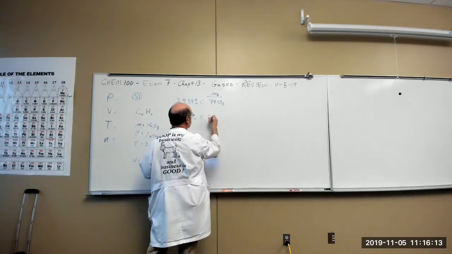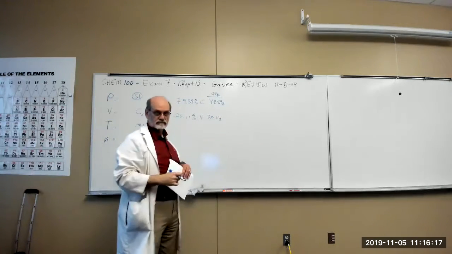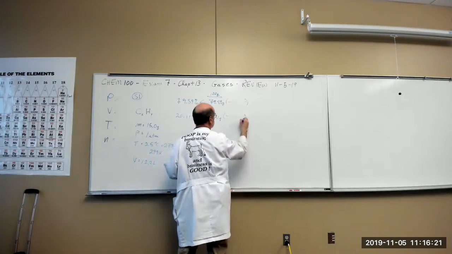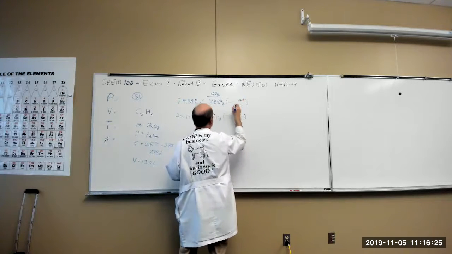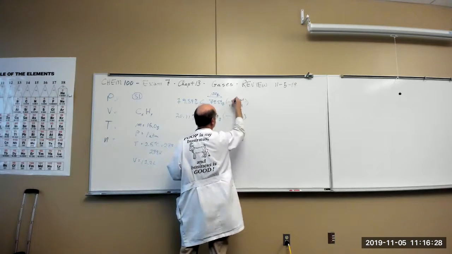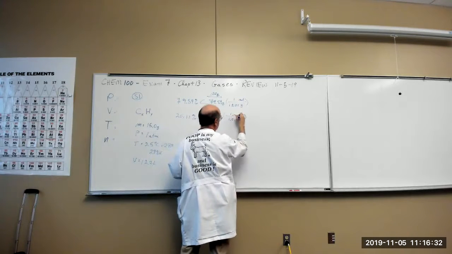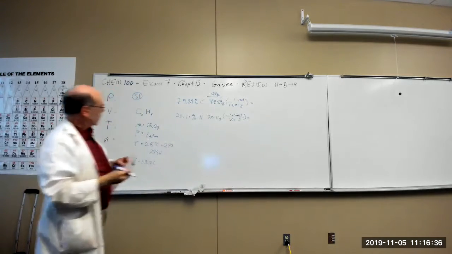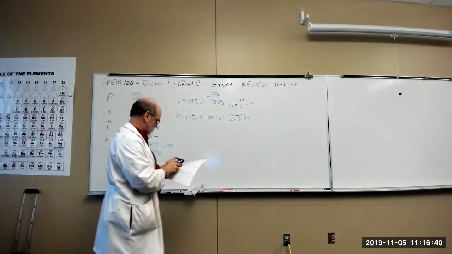Aha, now we can convert to moles. So carbon is 12.01 grams per mole. Hydrogen is 1.01 grams per mole.